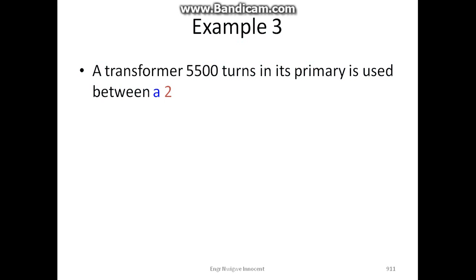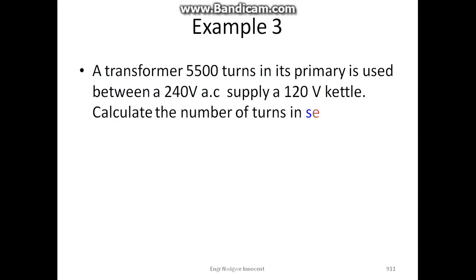Example 3. A transformer with 5,500 turns in its primary is used between a 240 volt AC supply and a 120 volt kettle. Calculate the number of turns in the secondary. Solution.